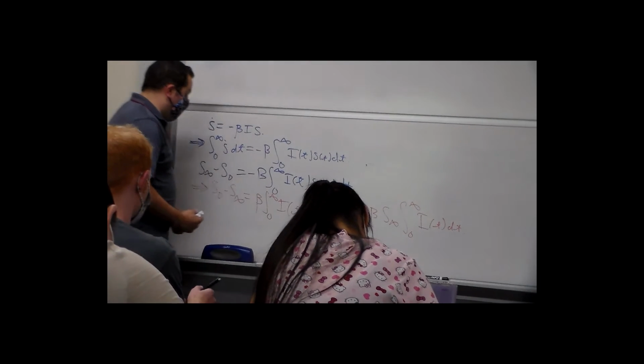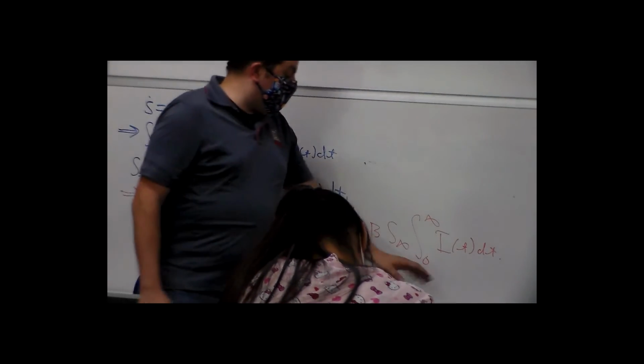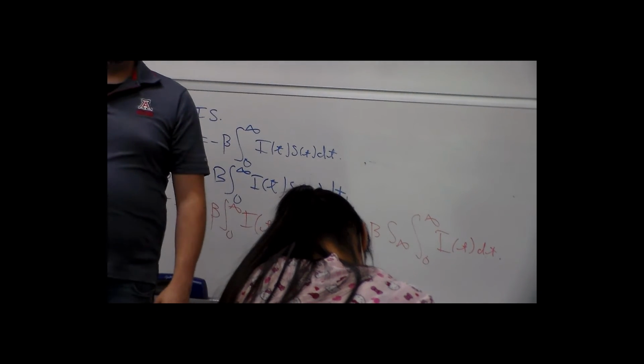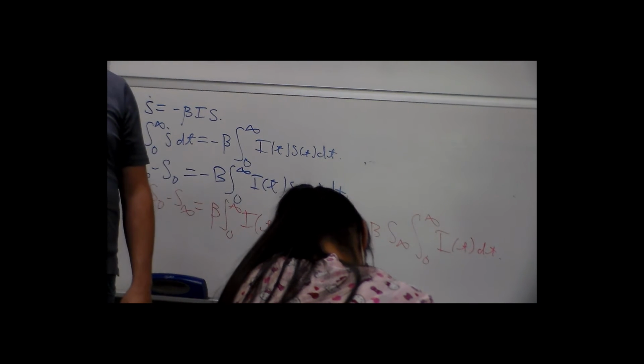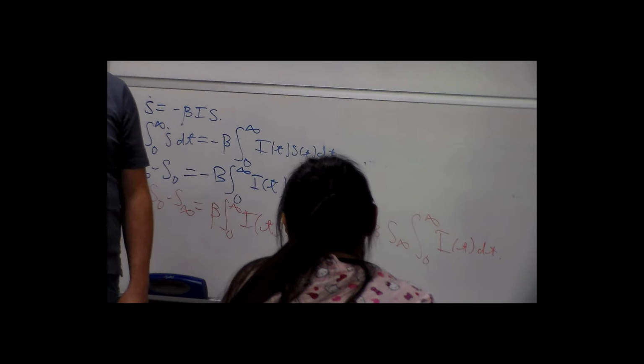So this tells me whatever this number is has to be related to this integral. So what does that tell me about I of t? What does an integral measure? What's that, Steve?